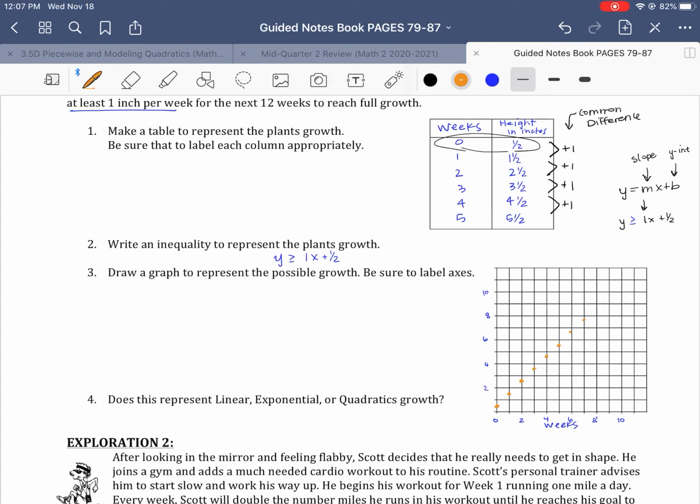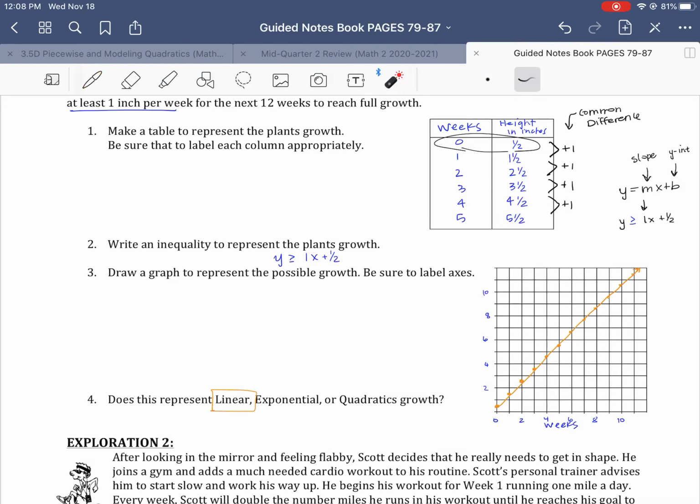This would cover those 12 weeks. Because it's an inequality, I could shade this above the line. Essentially we're showing that pattern of at least that much growth, and that would be linear. Linear graphs are the easiest to tell. They're just a straight line. So we know on question 4 that this one's going to represent linear growth.